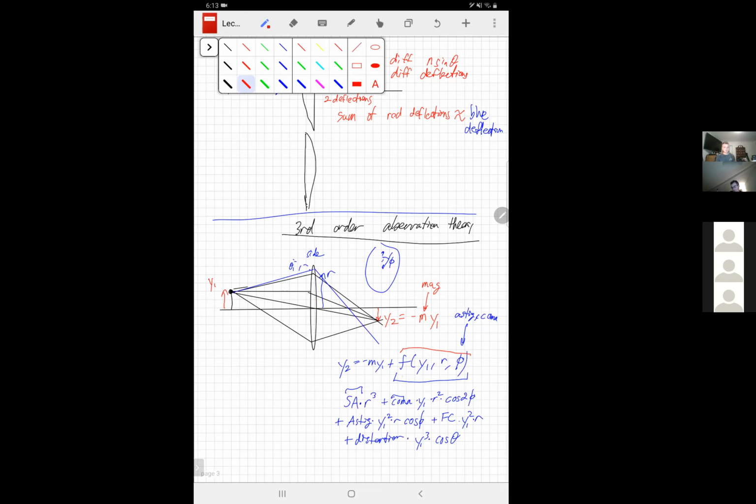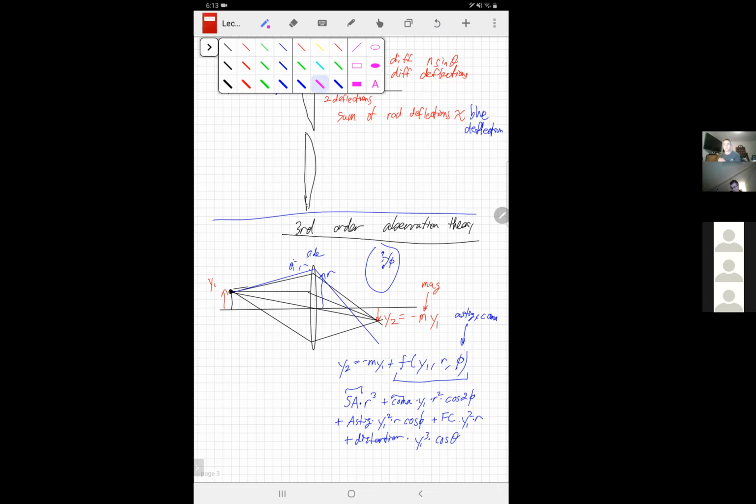Now, if we have an on-axis object, which of these terms would be non-zero? Y? Sure, this one will be non-zero, but which of the other ones will be wait, no, wait, actually, Y will not.